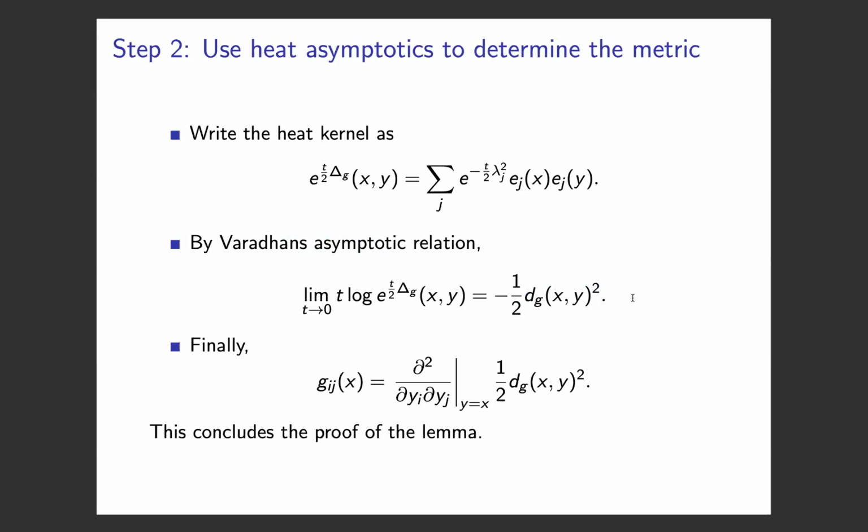Once you have the distance metric, you can take the Hessian at y equals x and use that to recover the metric tensor. So you can do this with a metric g, and with a metric h, following these steps in parallel, and what you get in the end are the same. And that's it for the lemma.